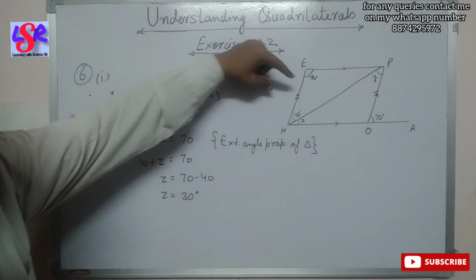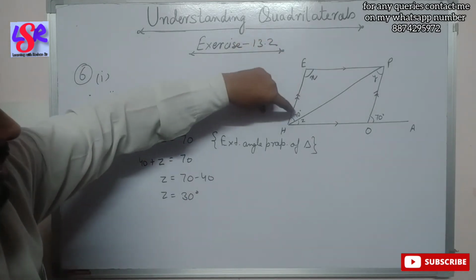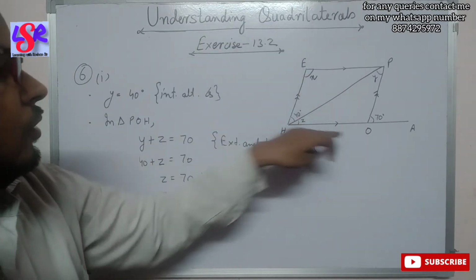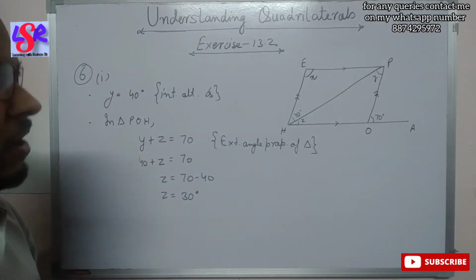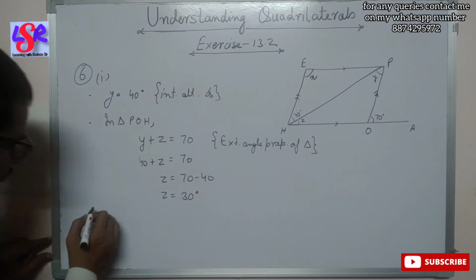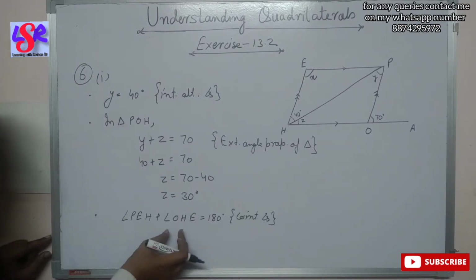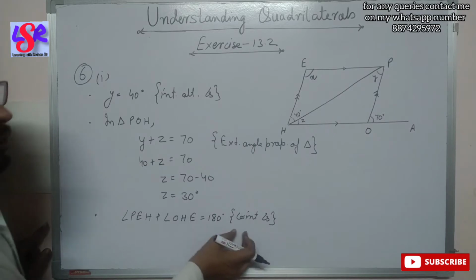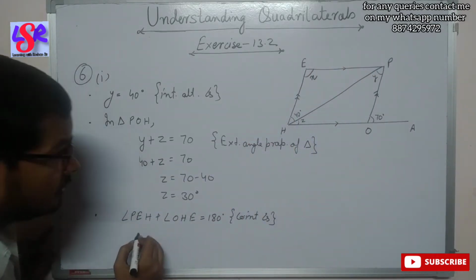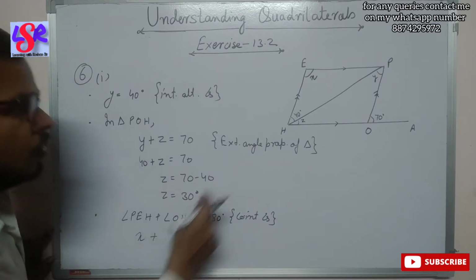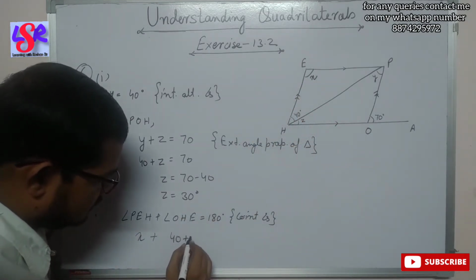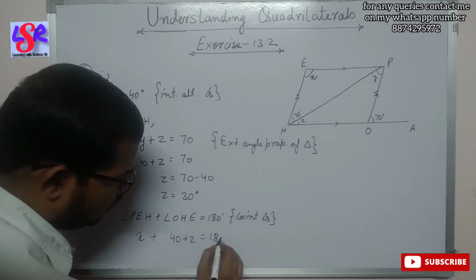Now we see that this x and these two angles, that is angle PEH and angle OHE, they both are co-interior angles. So the sum of both the angles will be 180 degree. Therefore, the sum of angle PEH and OHE equals 180 degree by co-interior angles. Now we can place the value of PEH as x and OHE will be 40 plus z equals 180 degree.